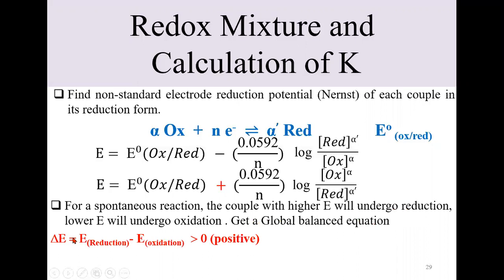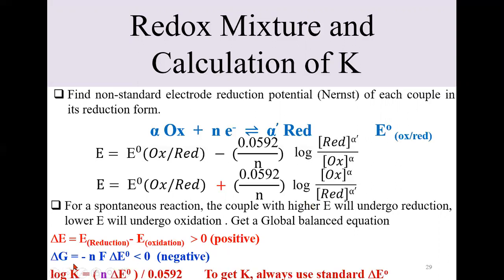From that, you also get the delta E, or the change in the corrected reduction potentials, which is E reduction minus E oxidation. And of course, we already chose it to be positive because we chose the higher E to be the reduction reaction. Nonetheless, this might not be the case if they have already given you the equation.